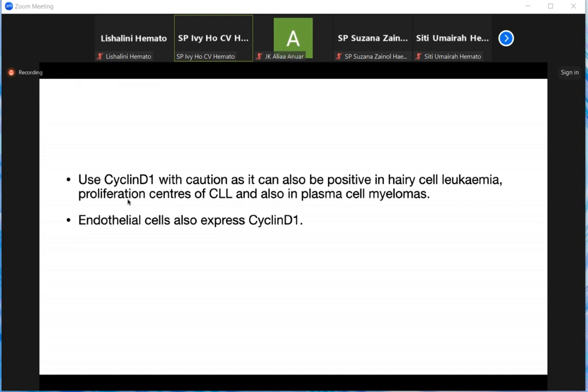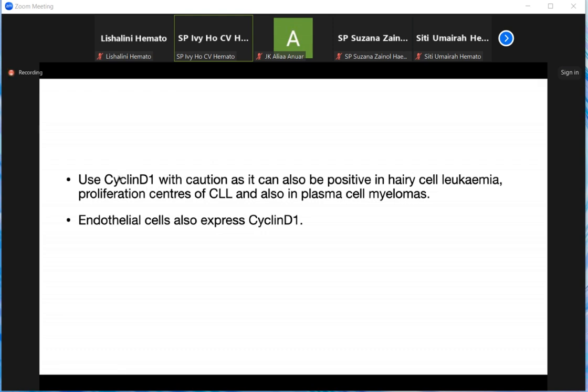We call this the proliferation center, and it can be positive for cyclin D1, but the staining is very faint. It's not as strong and diffuse as the cyclin D1 positivity you see in mantle cell lymphoma. Also, in plasma cell myeloma, cyclin D1 can be positive as well.